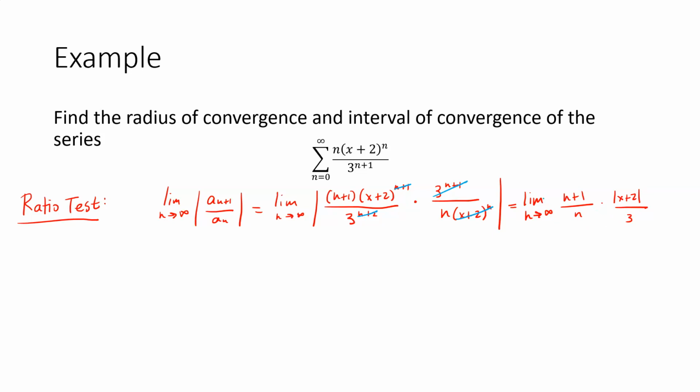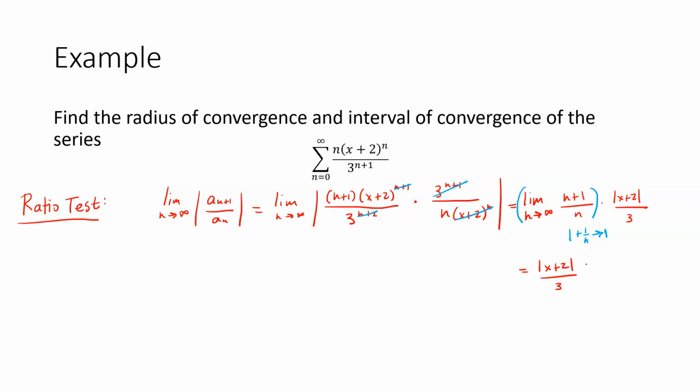And then again, we'll take the limit as n goes to infinity of this part here. We can simplify this. This is 1 plus 1 over n, and that'll, of course, go to 1. So here we're just left with the absolute value of (x plus 2) over 3.